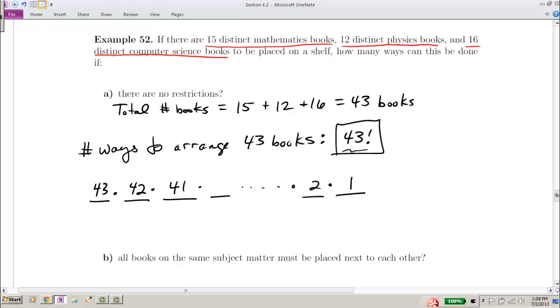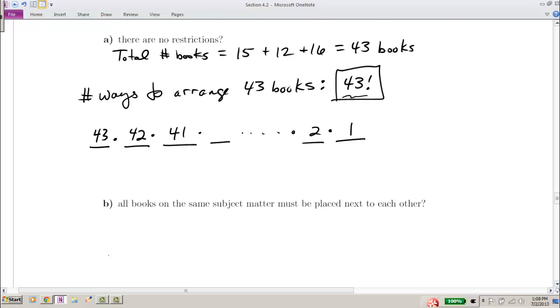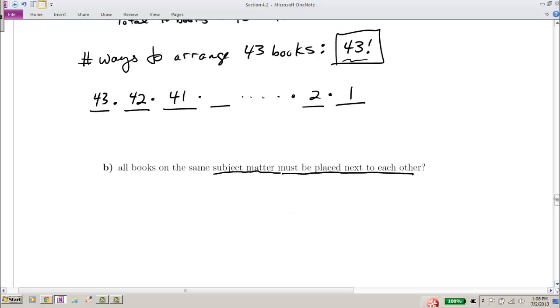Now, of course, I think most of us might come at this from a different angle, and we say, you know, when I place books on a shelf, I often like to have the same subject matter placed next to each other, so sort of have clusters, right? So now, if I want all the books on the same subject matter placed next to each other, let's suppose, and we're going to have to consider different situations as well, but let's suppose I put my math books first, then my physics books, and then my computer science books.